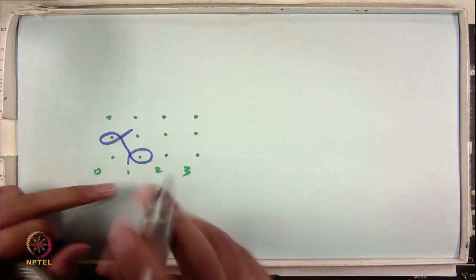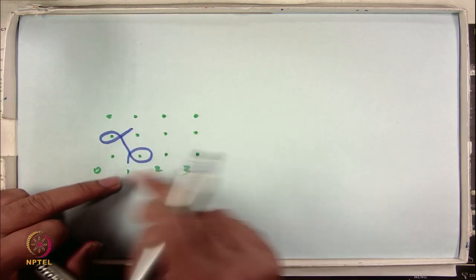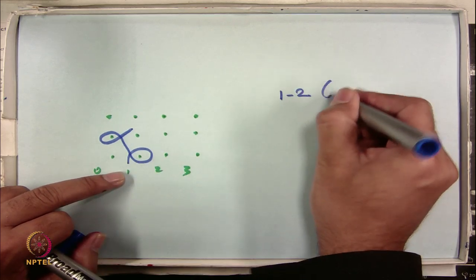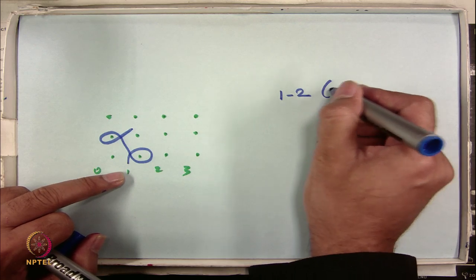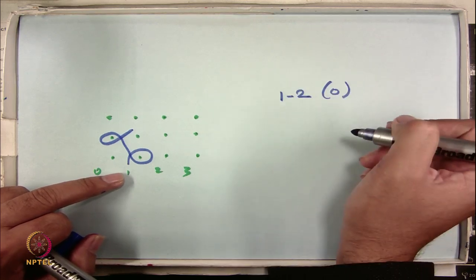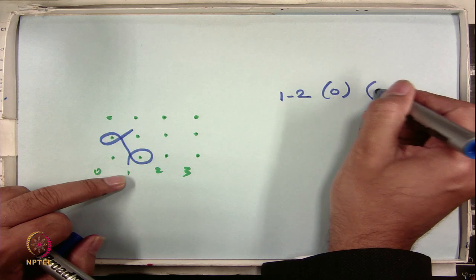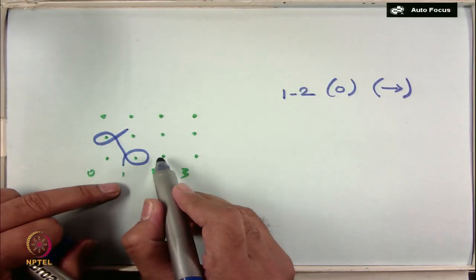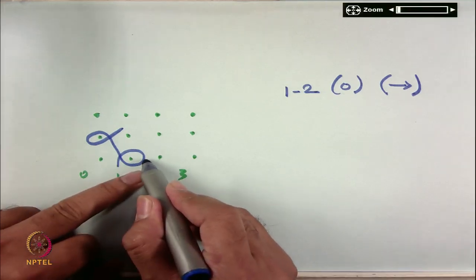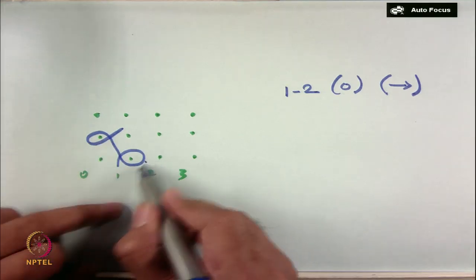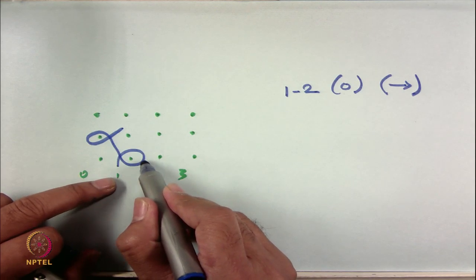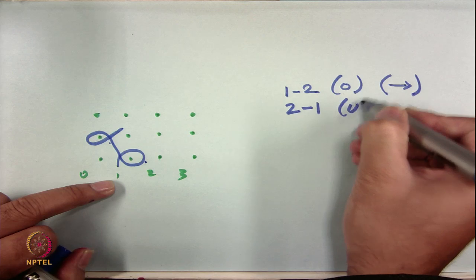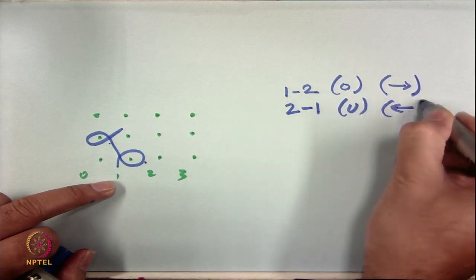If you see particularly this example 1 to 2 is the overlap, which is from left to right direction, but if you see the underlap from 2 to 1, in the same course the underlap is from 2 to 1, and this is in opposite direction.